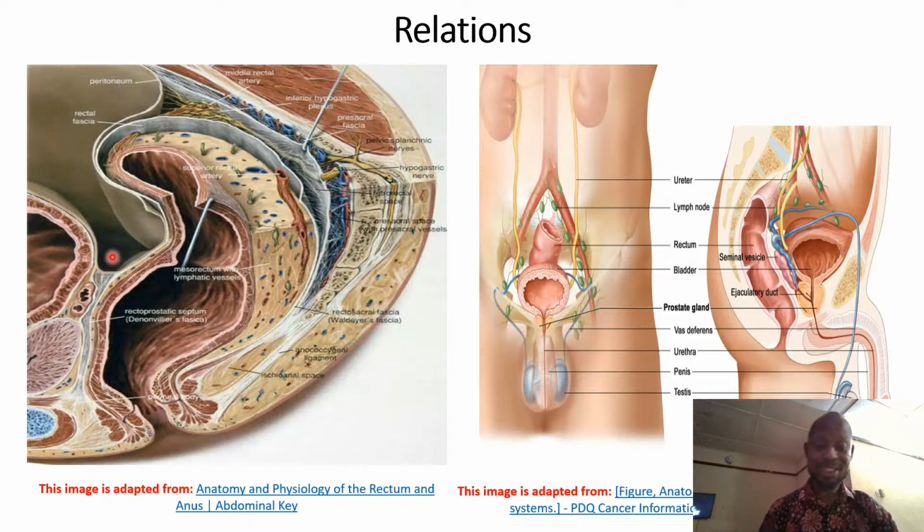Below which, in the male, you have the seminal vesicle. The upper pole of the seminal vesicle is also related to the peritoneum and to the base of the bladder. So I think that information has not changed.